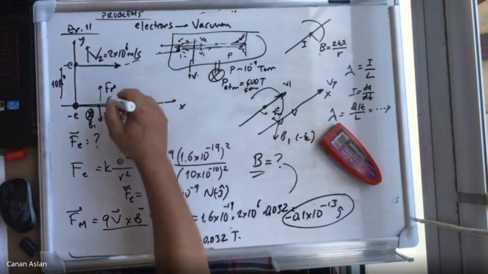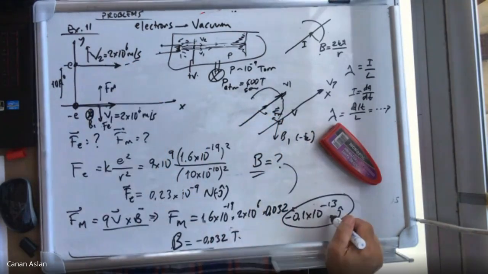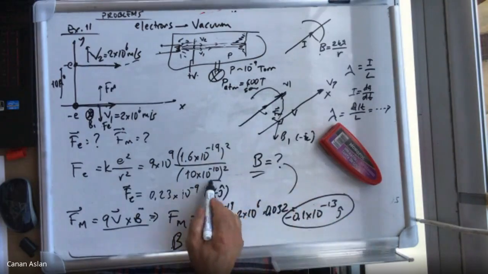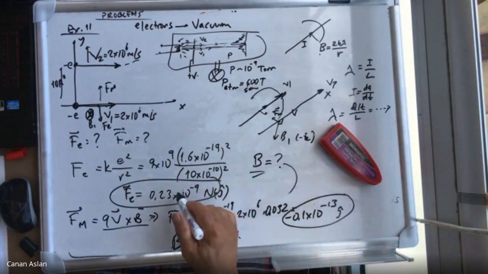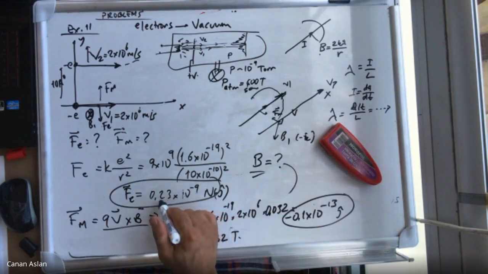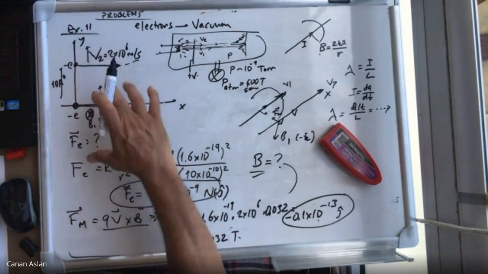The magnetic force is inside, the electric force outside. They are trying to balance each other, but which one wins? The electric force is 10 to the minus 9, but this is 10 to the minus 13, so the electric force is greater than the magnetic force, so they will be getting away from each other.